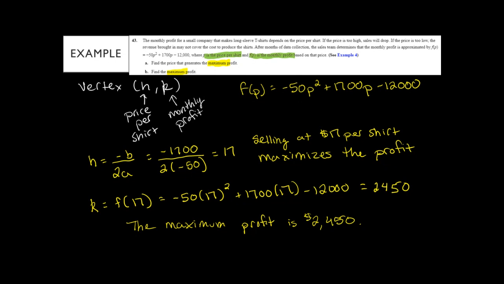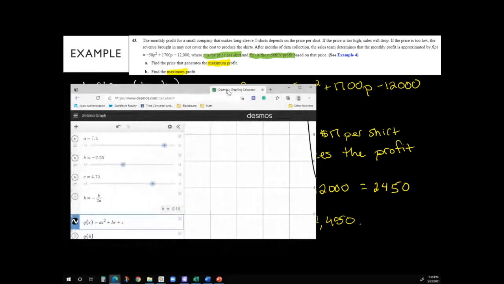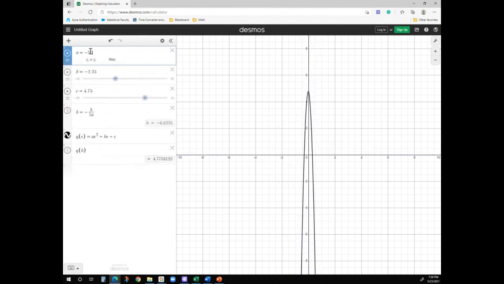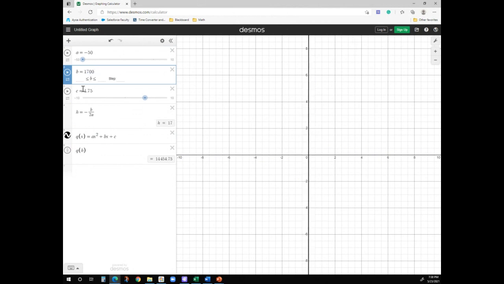Now, one thing that I did do in Desmos, so what I have here is you can kind of set it up if you're into programming. You can set it up where you tell it what your A, B, and C are. So I can plug in my numbers from our problem.